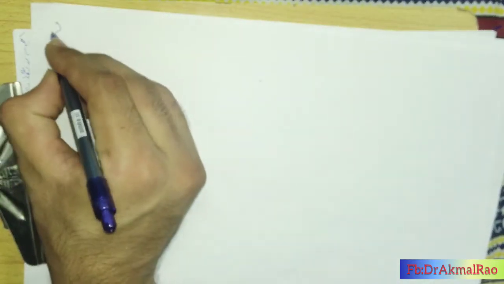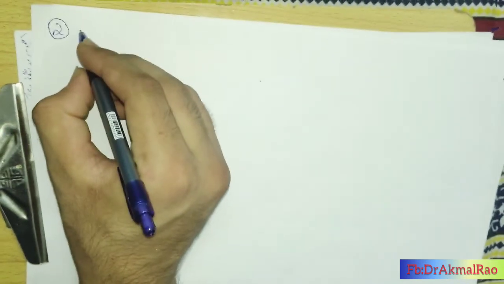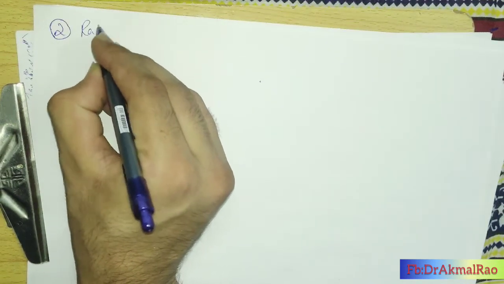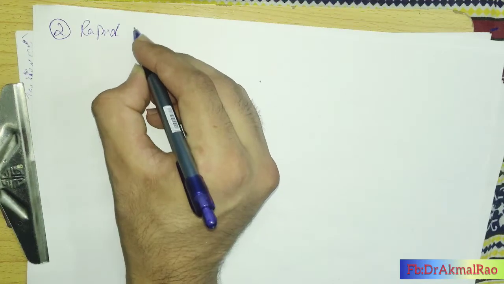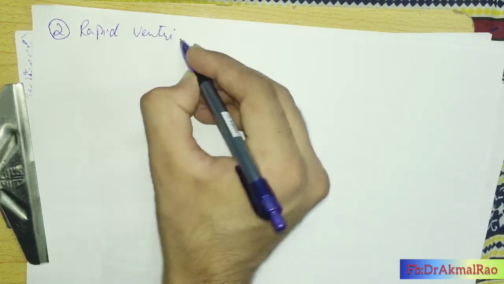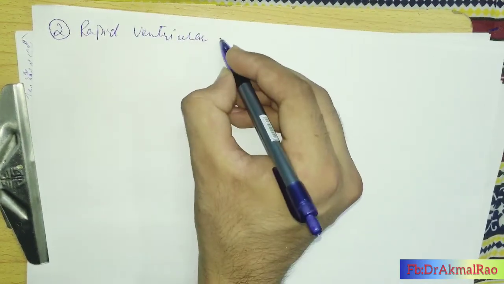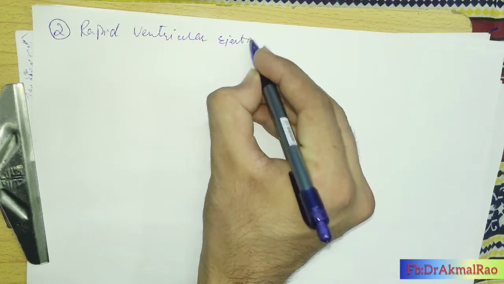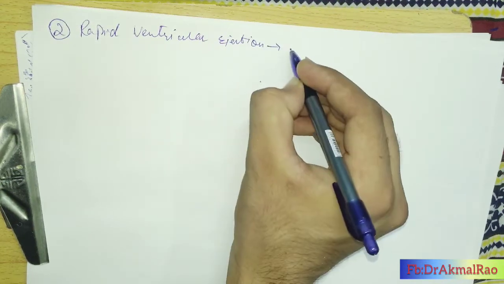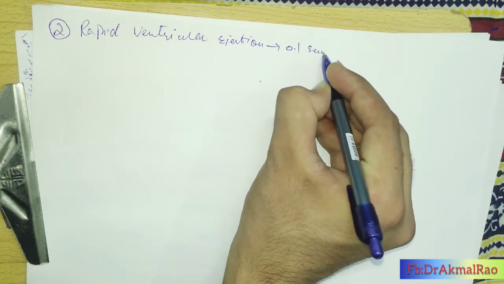And now the second part of the systolic phase, that was rapid ventricular ejection. It will take only 0.1 seconds.